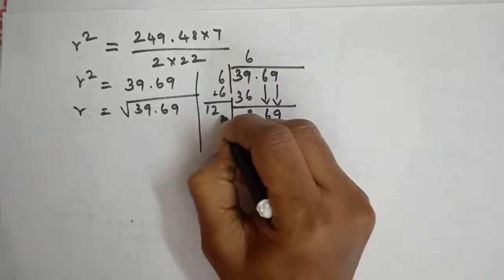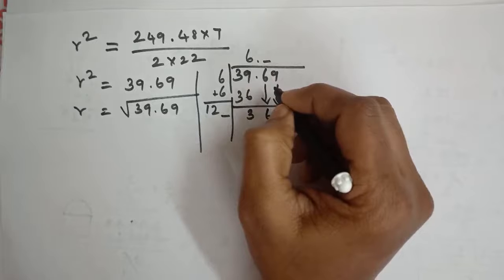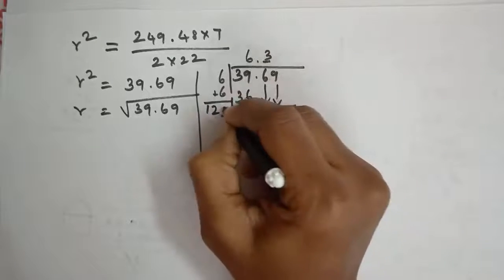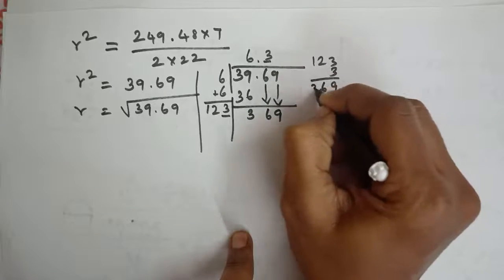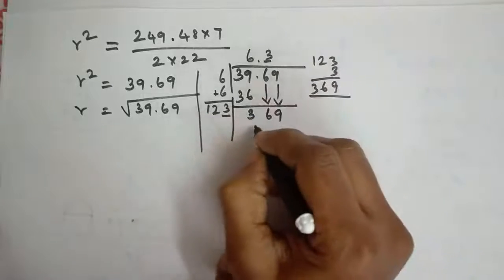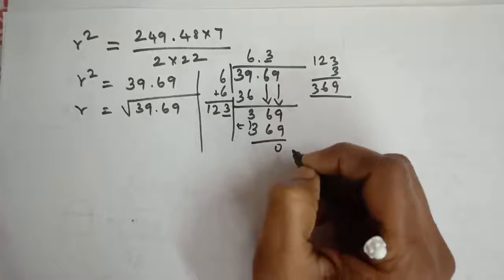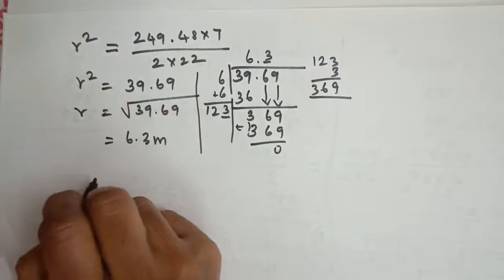Here you can write one number, here there will be one more number. What is that? 3. You just take 3 here. So 123 into 3, 369. If you subtract it, that is 0. So what is the answer? 6.3 meter. Is it clear?